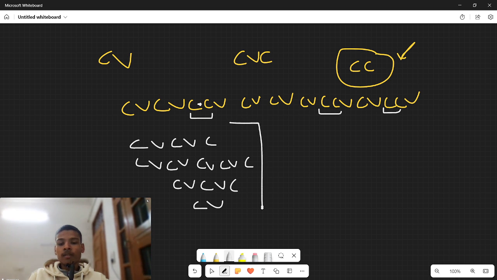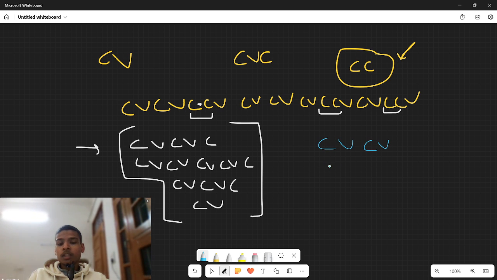Now I will deal with these parts individually. I know each part is a valid syllable string, because there is no consecutive C coming here. Now tell me what pattern is left after segregating them. The only pattern left is CV and CV.